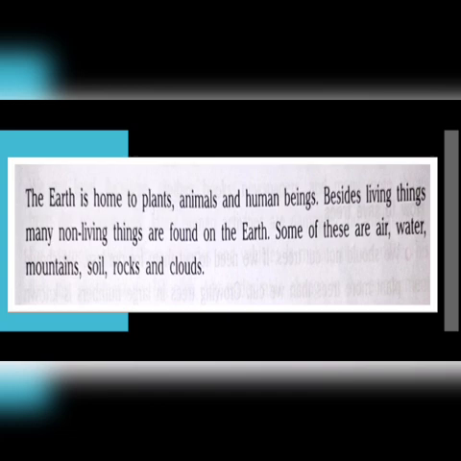So, the earth is not only home to human beings or animals, it is also home to non-living things such as air, water, all this. Along with living things, non-living things are also found on earth, right? Living things are plants, animals, and human beings. And non-living things are soil, rock, air, water, all those.